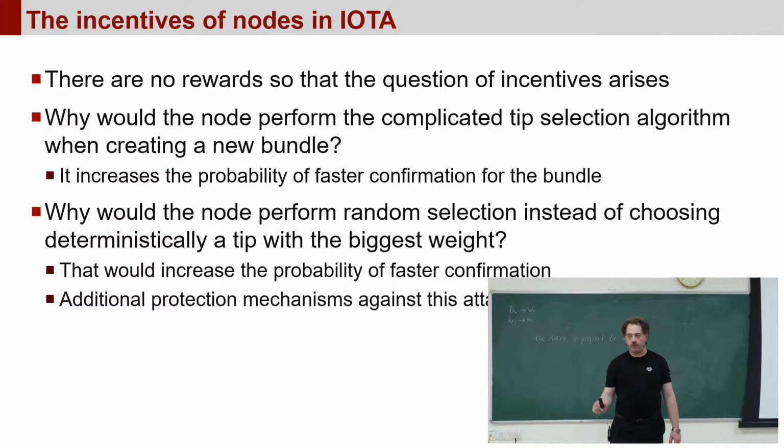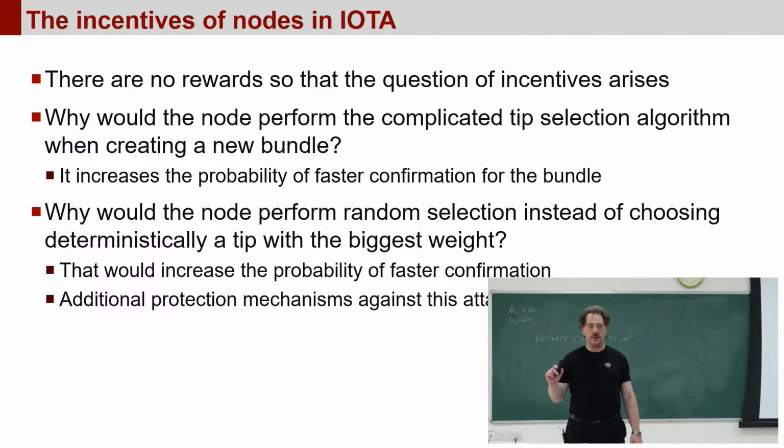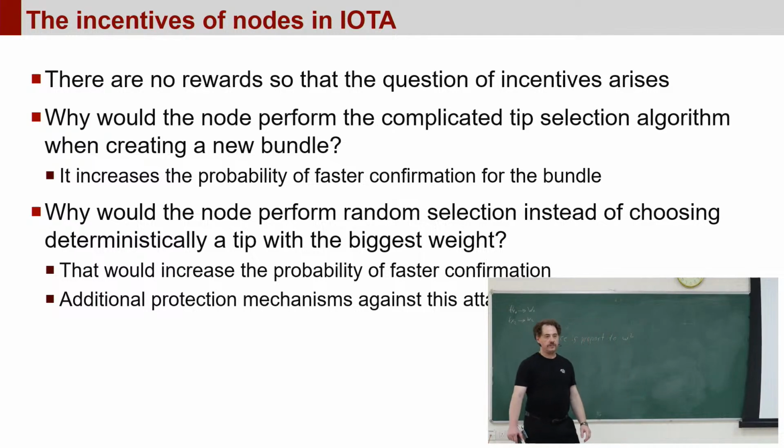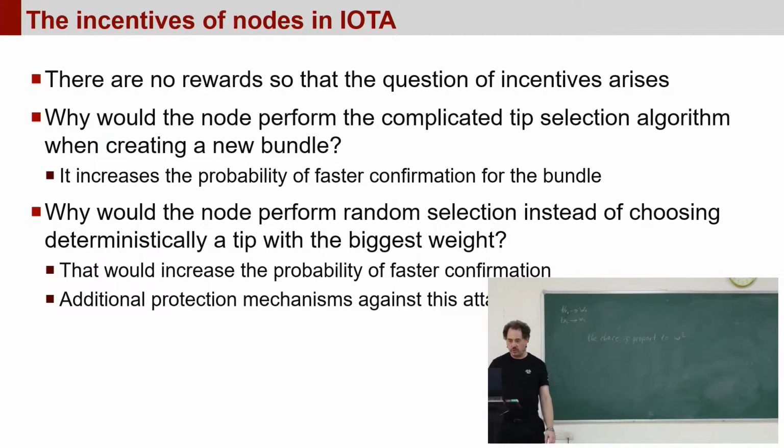Why would the node proposing a new bundle or transaction want to execute the random walk at all? Why not select two random tips instead of doing the random walk? The node could save resources that way. So why would the node do the random walk?